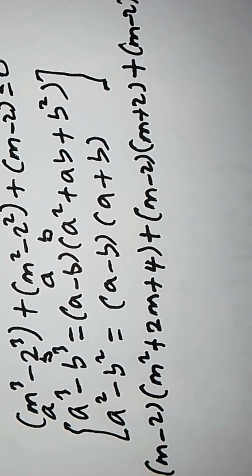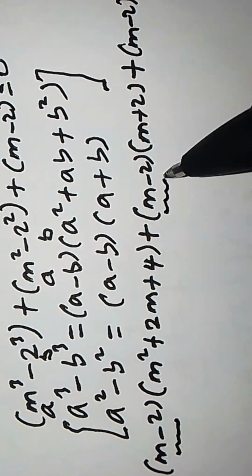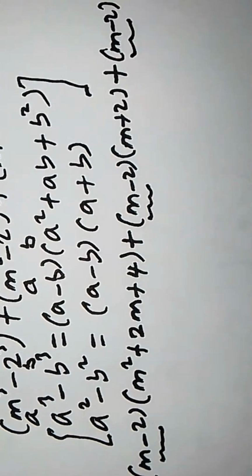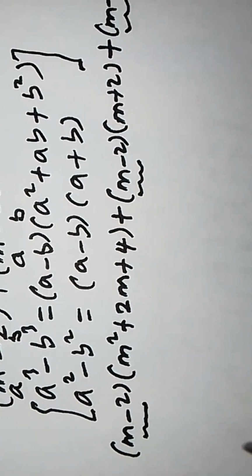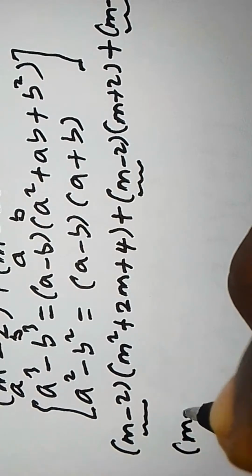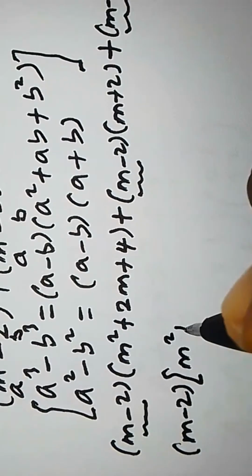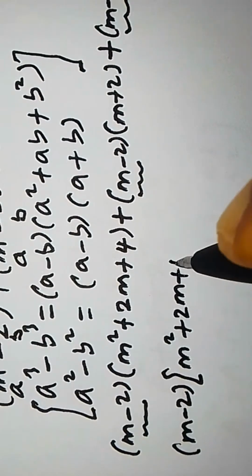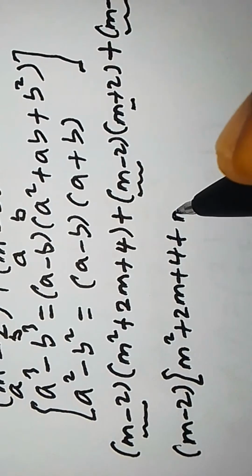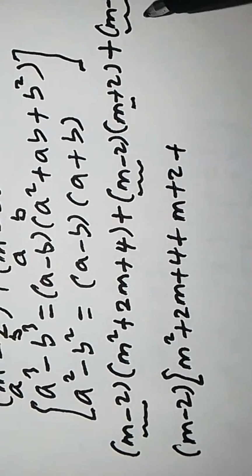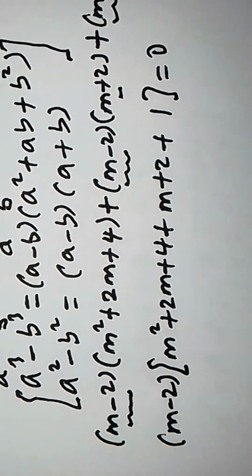You will notice that m minus 2 is common. That means we can factor it out. Doing that, we have m minus 2 into m squared plus 2m plus 4, plus this m plus 2, plus 1 equal to 0. Let's proceed further.